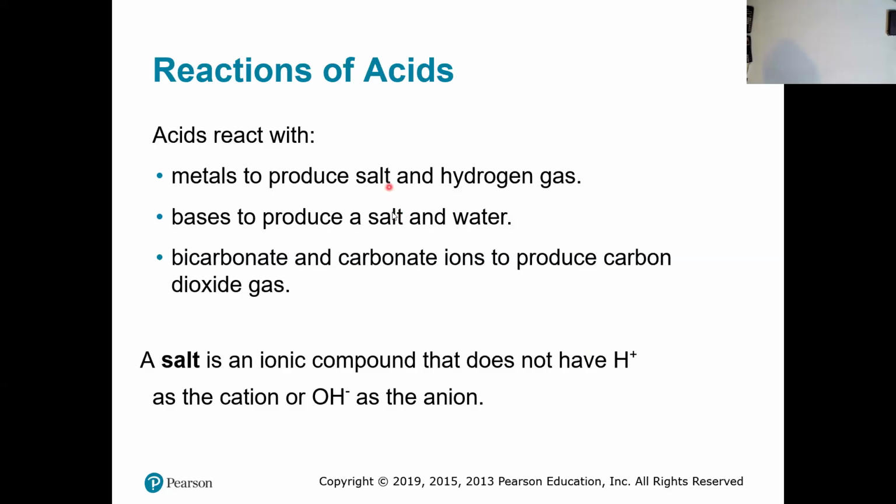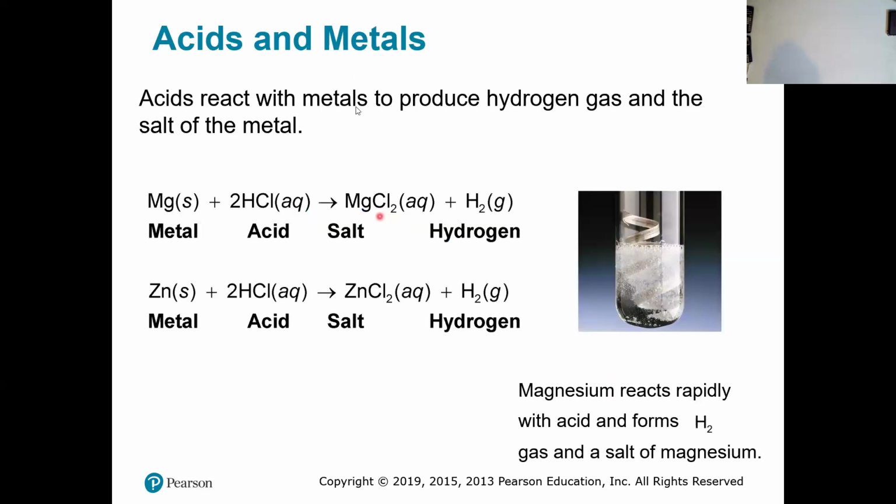That's what is meant by salt in this context. So when we're looking at our reactions with acids and metals, here you see magnesium and hydrochloric acid. The salt is the MgCl2, and then hydrogen gas is produced. When zinc and hydrochloric acid react, our ZnCl2 is the salt, and the hydrogen gas is also produced.